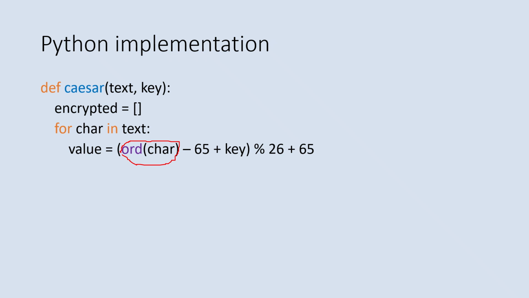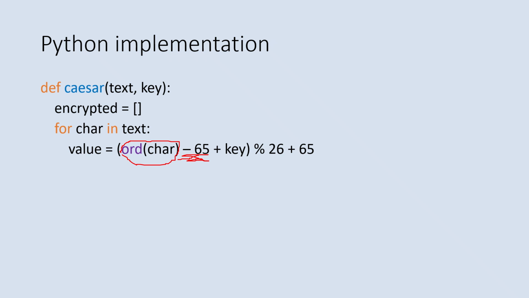And so if we're going to do our 0 to 25 enumeration, we need for that value to be shifted over so that it's between 0 and 25. So we're going to take that number and subtract 65 from it so that we have moved our numbers 65 to 90 down into the 0 to 25 range. And then we're going to add the key to that. So that's where our shift is involved.